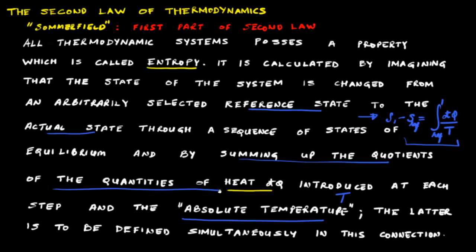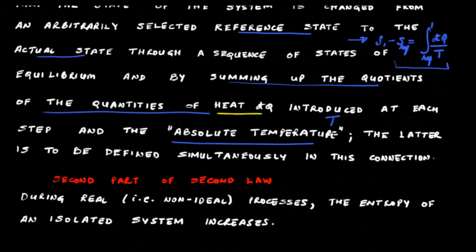So this is the first part of the second law. The second part of the second law states that during real processes, the entropy of an isolated system increases. That means delta S of an isolated system will always increase during a real process.